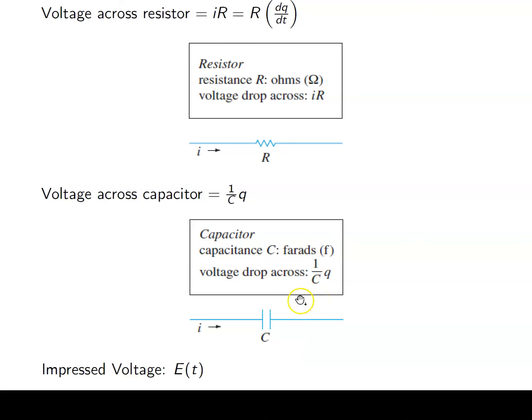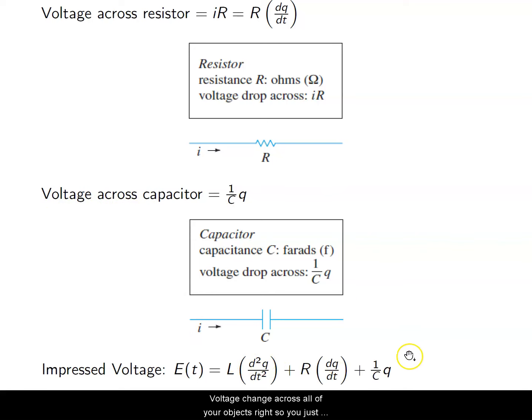So your drop in voltage, the change in voltage as it goes over the capacitor, is 1 over the capacitance times the charge. Okay, so the impressed voltage, that is the voltage in the entire system. How much comes in is how much needs to come out, right? So to measure your impressed voltage, or really just the voltage of your system, you're just going to add your voltage change across all of your objects, right? So you just add all those pieces together.